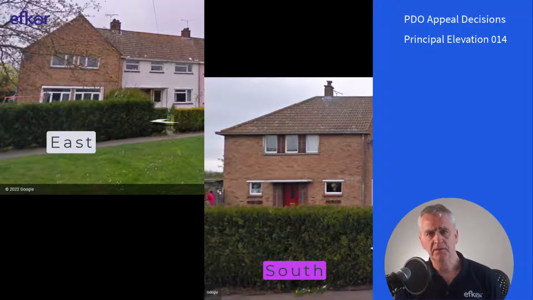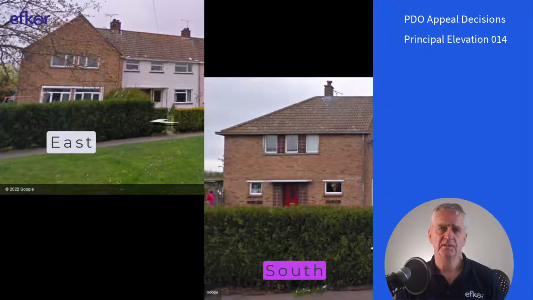Upon appeal, the inspector observed that the south elevation had an entrance gate, path and front door. Architecturally, it had a projecting porch roof and an array of first floor windows, all with contrasting coloured tiles. No comment was made at all about the east elevation.